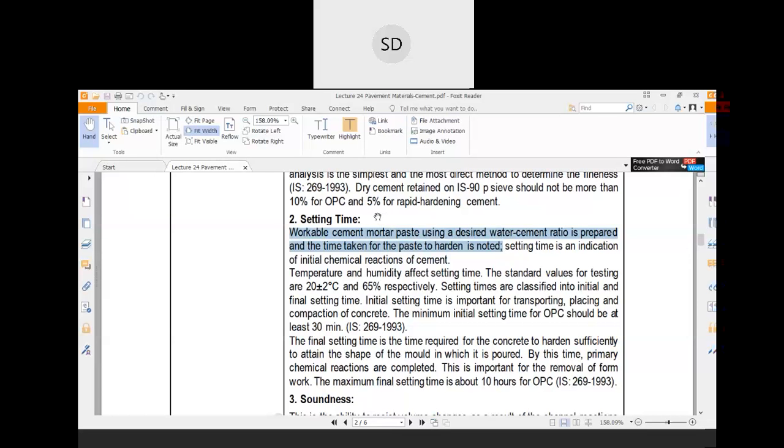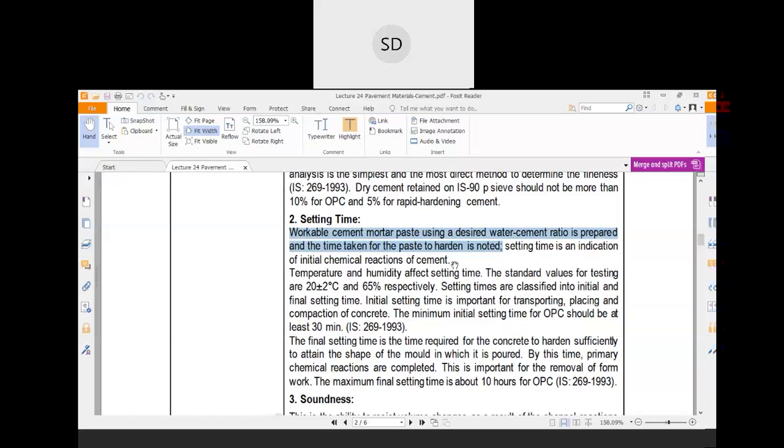Then you mix the water with the cement, make a cement paste, and note down the time taken for the paste to harden. So setting time is an indication of initial chemical reactions of the cement.